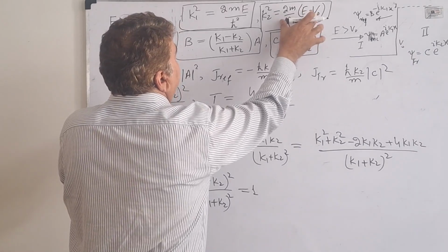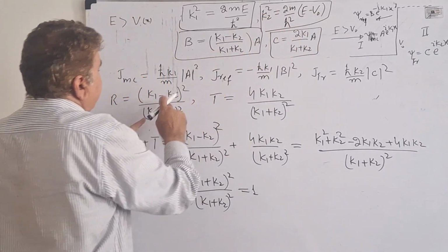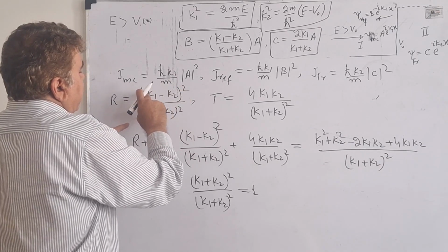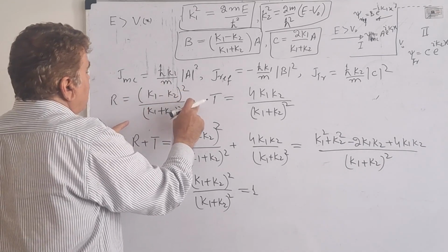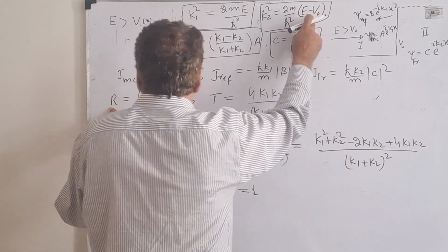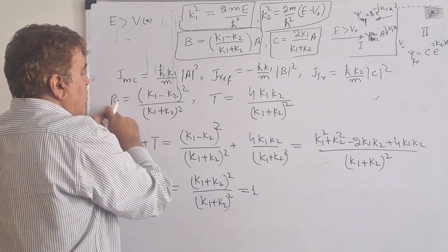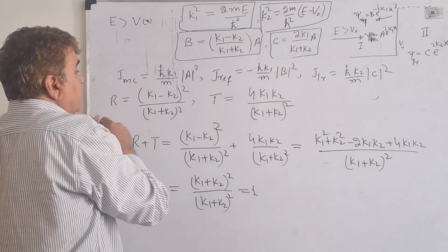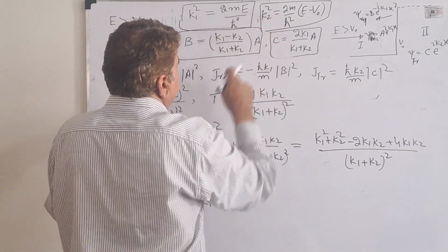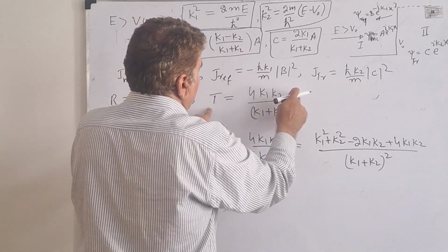If E equals V naught, this gives me k2 equal to 0, and if I set k2 equal to 0 in this region, then I would have k1 squared divided by k1 squared equals 1. That is, under the condition E equals V naught, I have R equals 1. And when R equals 1, under that condition, k2 equal to 0 gives me T equal to 0.